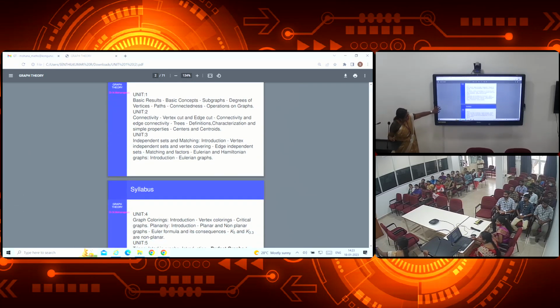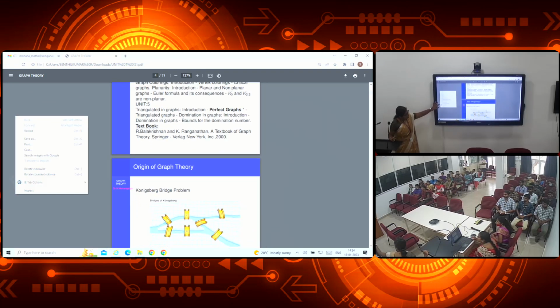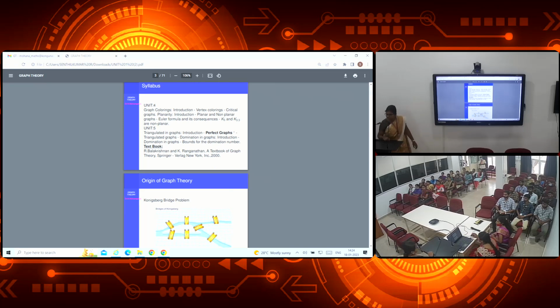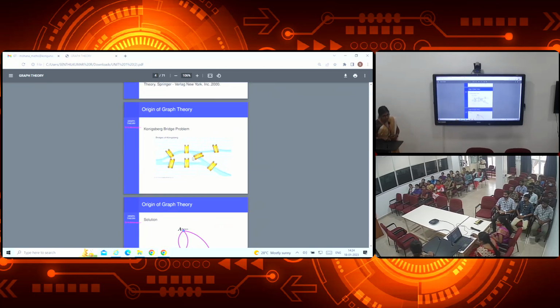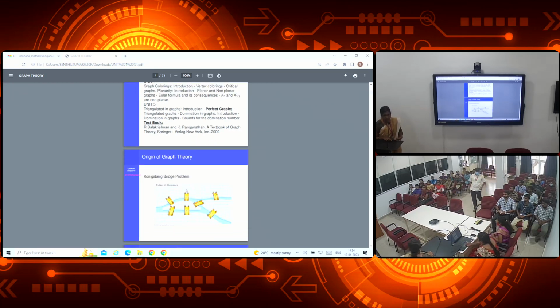The history of the origin of graph theory. Graph theory arose from a real-life situation, by Leonhard Euler, a Swiss mathematician, in 1735.